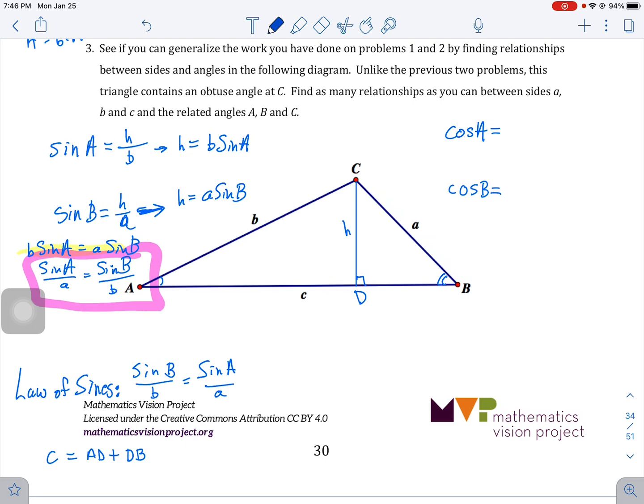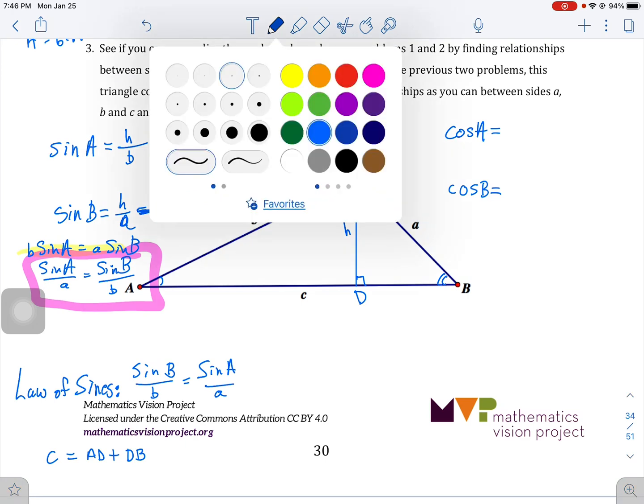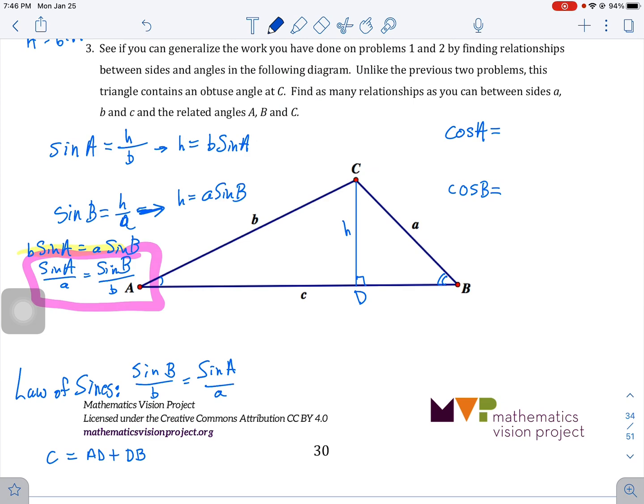We can also use the cosine to come up with some other things. So let's look at that. So the cosine of A is the adjacent divided by the hypotenuse. So this would be C over B. Now it's not really C though. C is the entire thing.